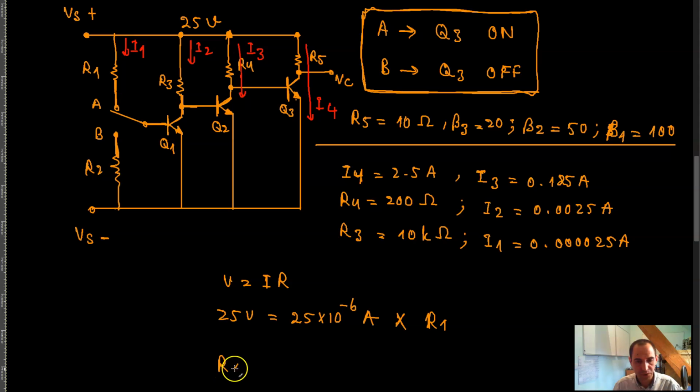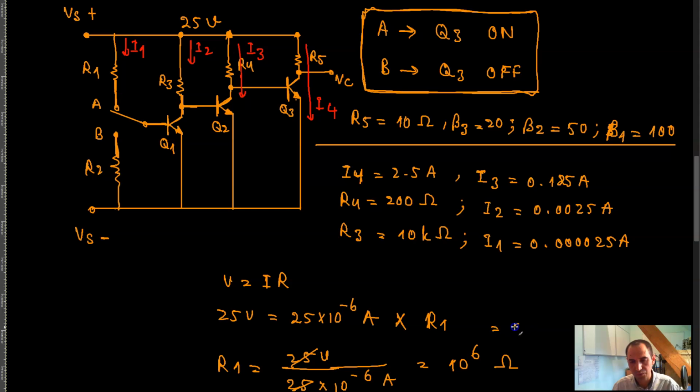Which means that R1 is the same thing as 25 volts divided by 25 into 10 raised to the power negative 6 amp, which simplifies to 10 raised to the power 6 ohm, which is basically 1 mega ohm.